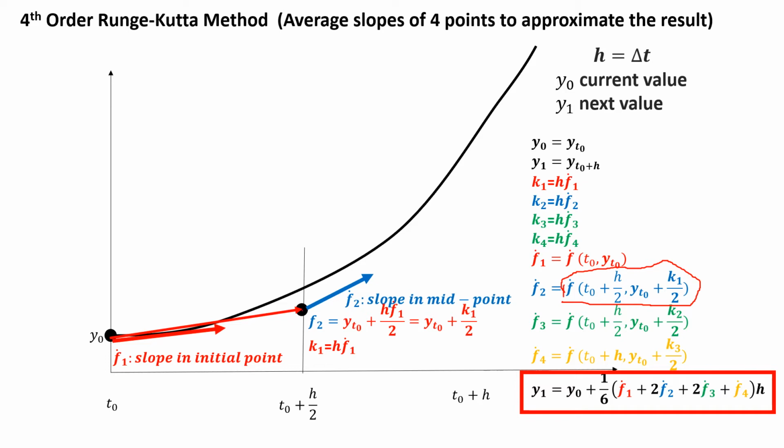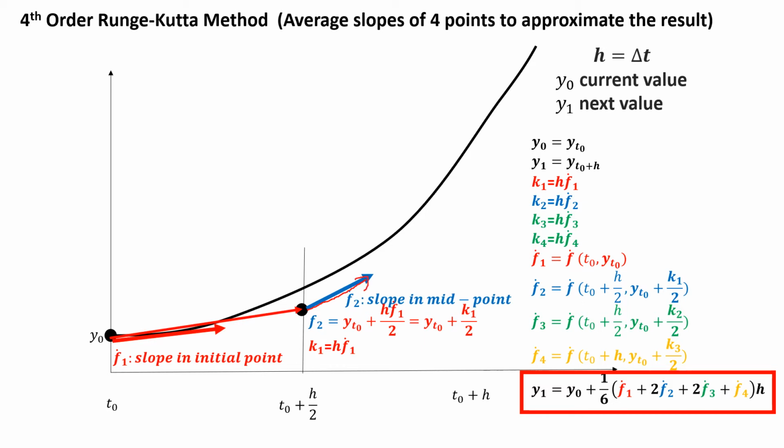If I have the input, the time and also the y value, we can estimate the slope at this point. So when we get the slope at that point, it might look like this blue line.